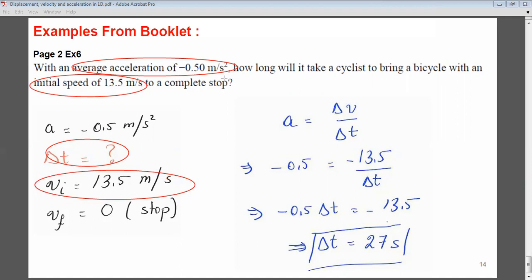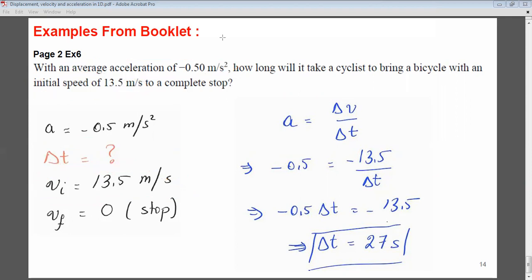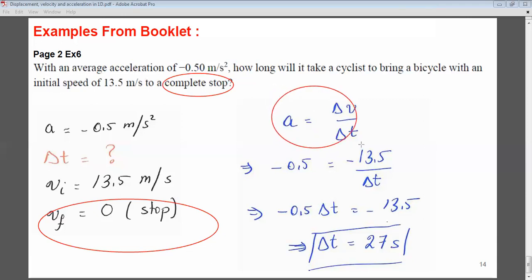What does it mean, complete stop? It means V final equal 0. So again, I have acceleration, I have V initial, V final, and I want to get delta T. So I use the same equation, A equal delta V over delta T. A is minus 0.5, delta V equal V final 0 minus V initial 13.5, so it's minus 13.5 over delta T, which I want to find.